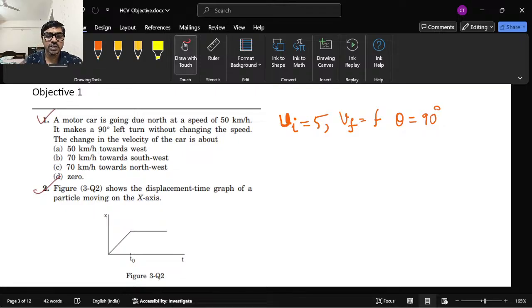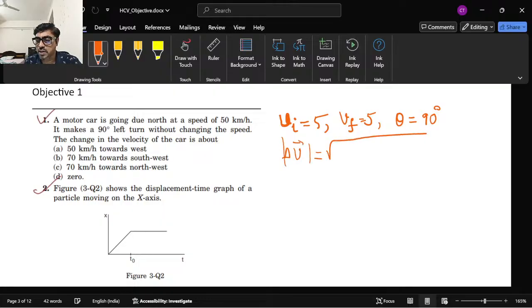Now change in velocity, delta V, that will be root over initial velocity square plus final velocity square minus 2 into initial velocity magnitude into final velocity magnitude into cos of 90 degrees. Cos 90 is 0. So this whole thing will become 0.